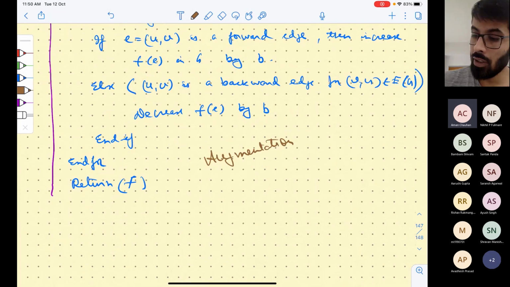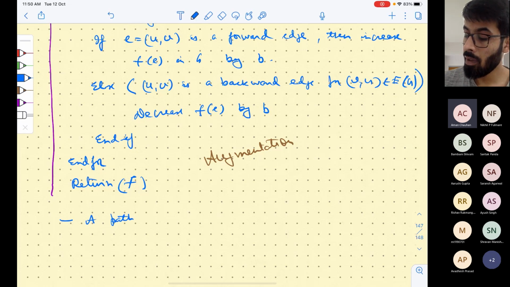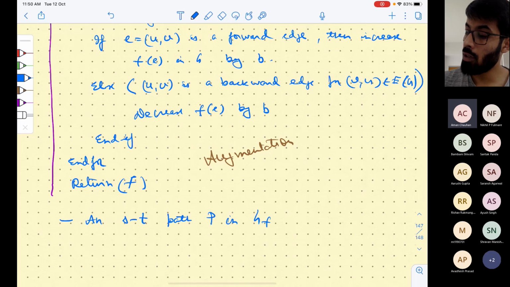And an ST path P in GF is called an augmenting path.